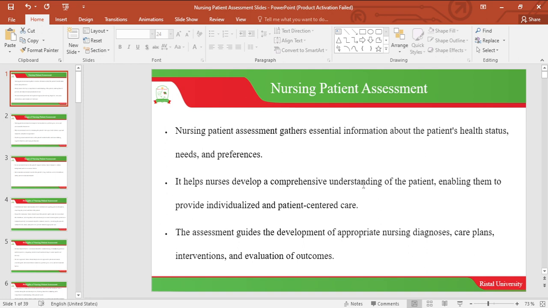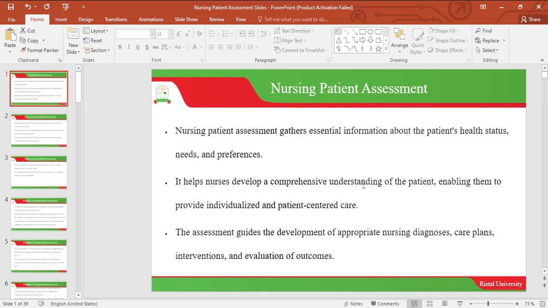Nursing patient assessment gathers essential information about the patient's health status, needs, and preferences. Nursing patient assessment helps nurses to develop a comprehensive understanding of the patient, enabling them to provide individualized and patient-centered care.